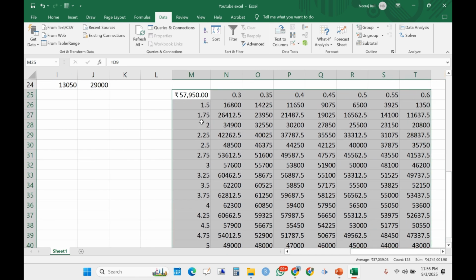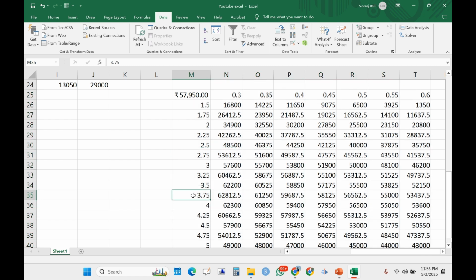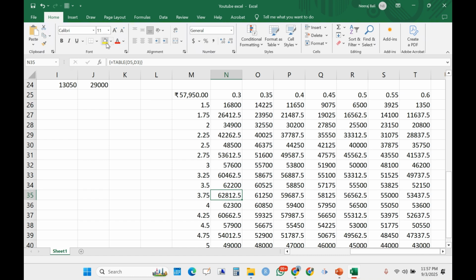See, the price is increasing, increasing, increasing, and the profit is also increasing and increasing. At 3.75, the profit is highest. If you can see that, you can also use max function if you want.